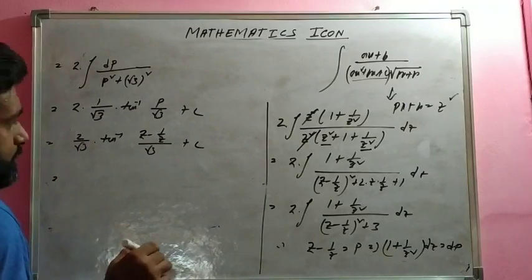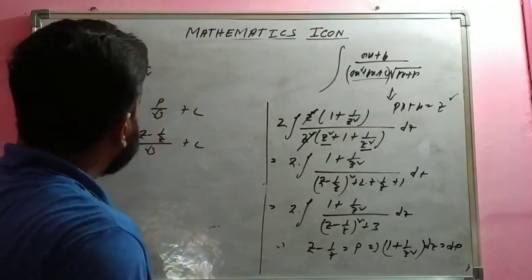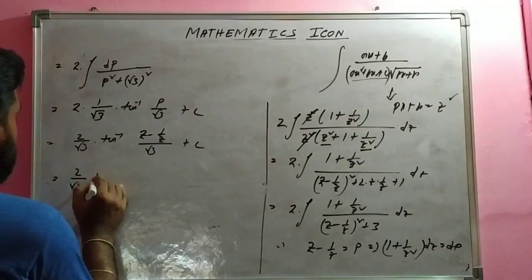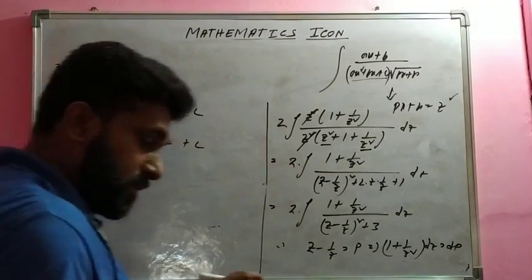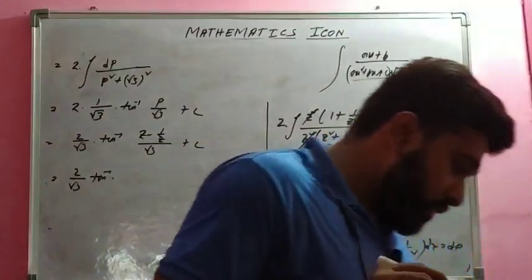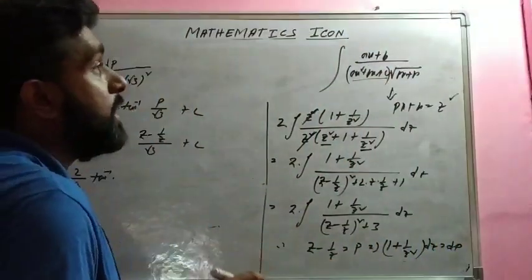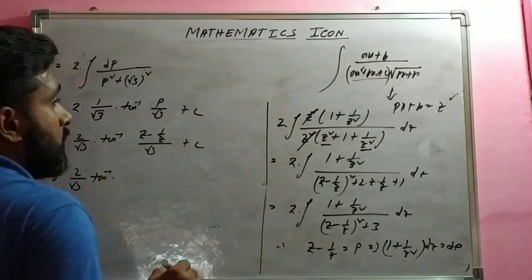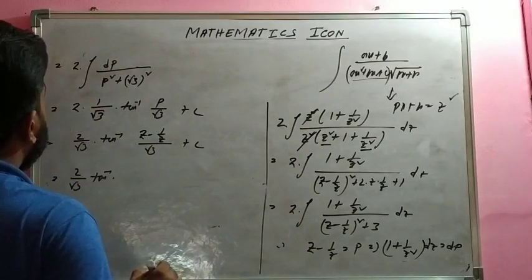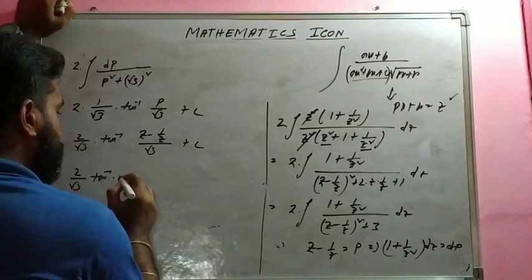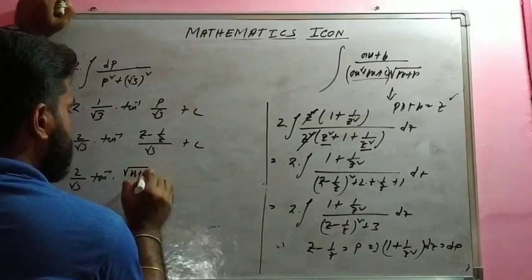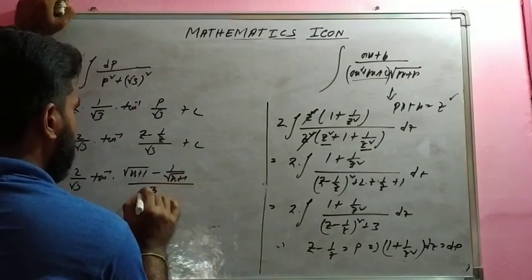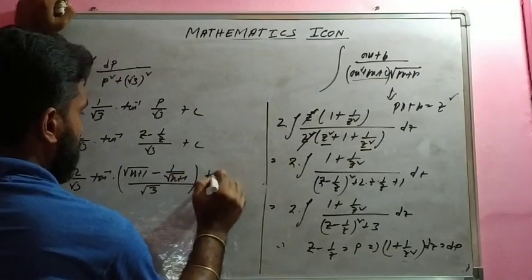अब z का वैल्यू क्या है, इसको हम लोगों ने z लिया था, 2 by root 3 tan inverse, z मतलब क्या होगा, किसको लिया था हम लोगों ने, x plus 1 को z स्क्वायर लिया था ना, तो यहां पर z होगा क्या, root x plus 1 minus 1 by root x plus 1 by root 3 plus c.